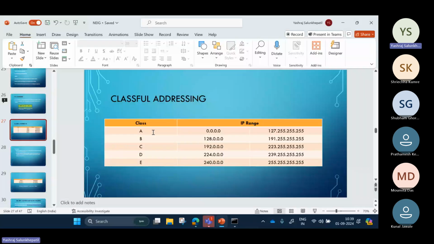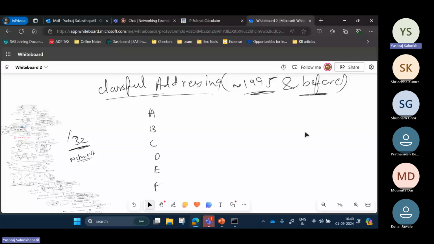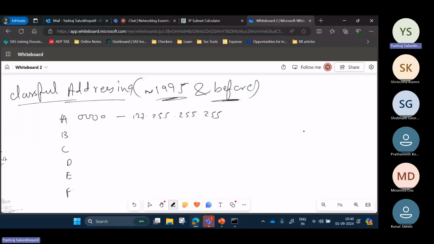So we have classes A, B, C, D, and E, and this is the range of those classes. So we have 0.0.0.0 up to 127.255.255.255. तो इसमें कैसे टाइप के एड्रेसेस आएंगे? इसमें आएगा 0.0.0.1, इसमें आएगा 1.0.1.0 अप टू 127। मतलब यहाँ पे जो है ये 0 to 127 जा सकता है, ये 0 to 255 जा सकता है, this to 255 and this to 255.